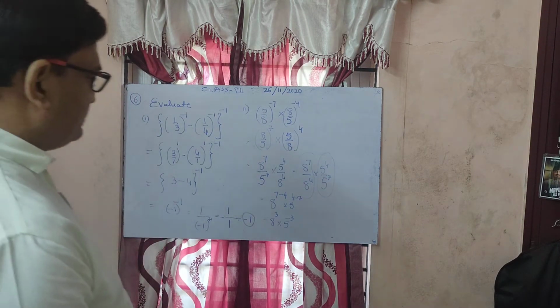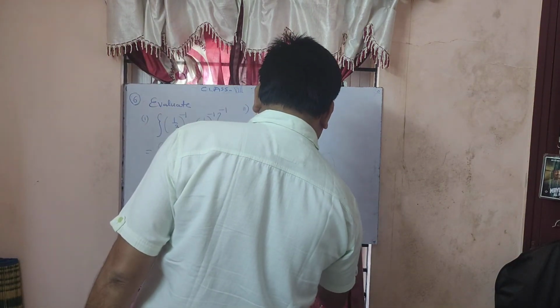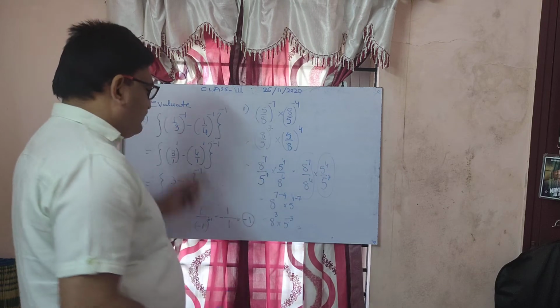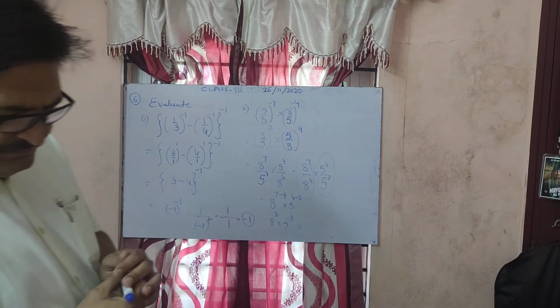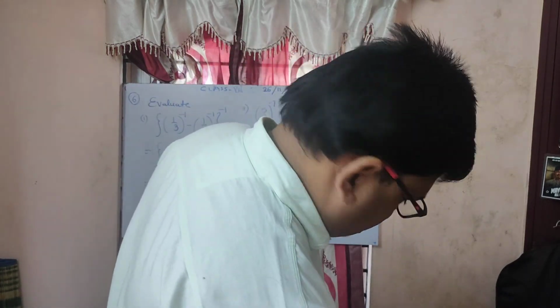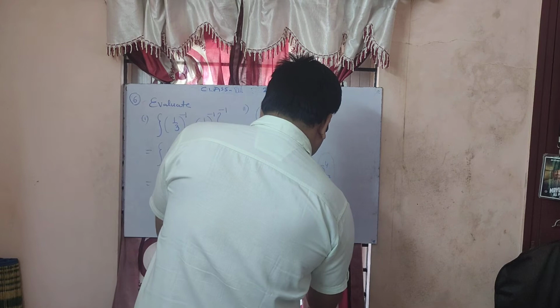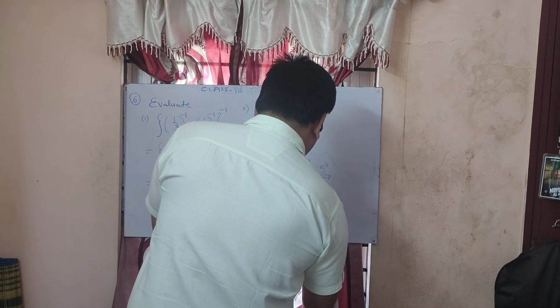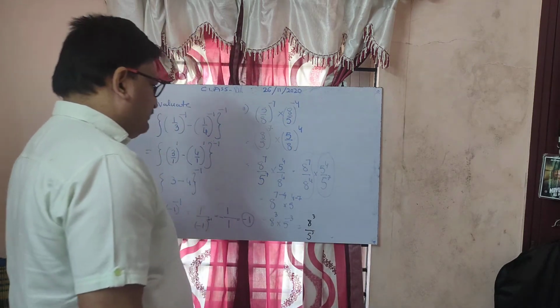Now the question is evaluate. It means you have to find the answer for it. So now 8 to the power 3 as it is. So 5 to the power 3 can be written as the denominator, so that will become positive.